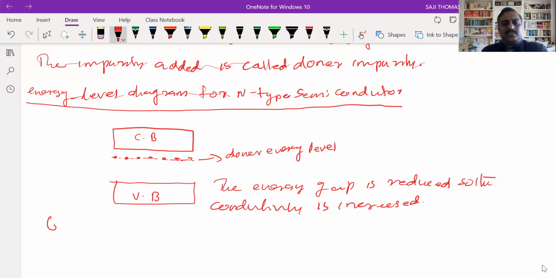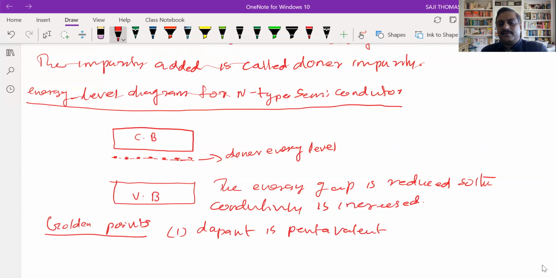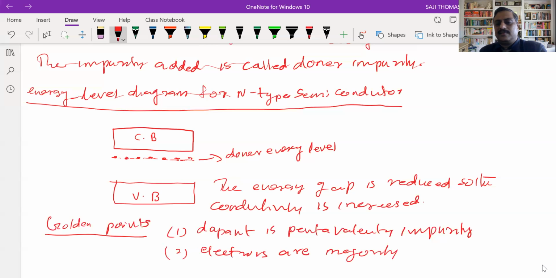So what are the golden points? First, the dopant is a pentavalent impurity. Second, electrons are majority carriers. Holes are minority carriers.